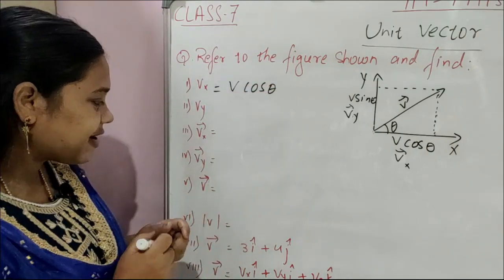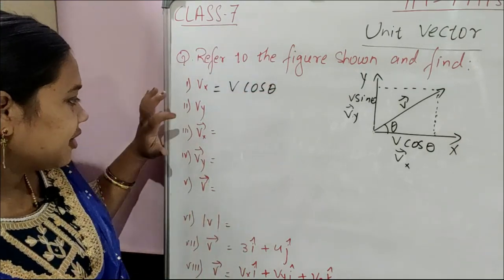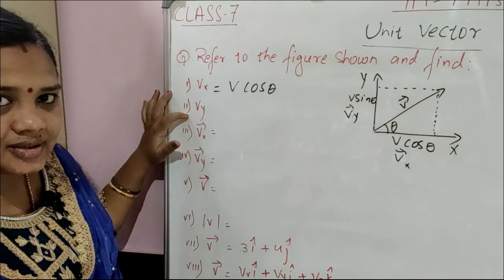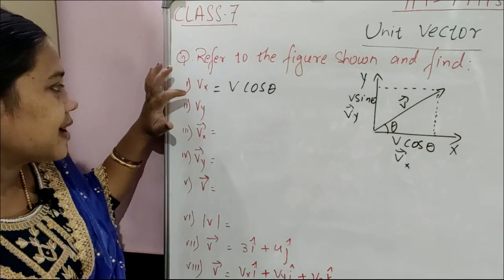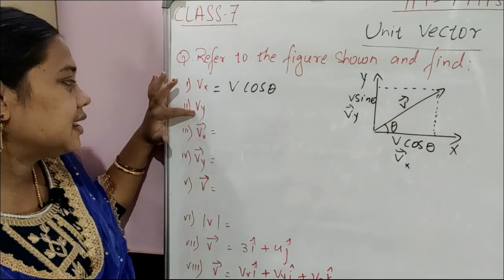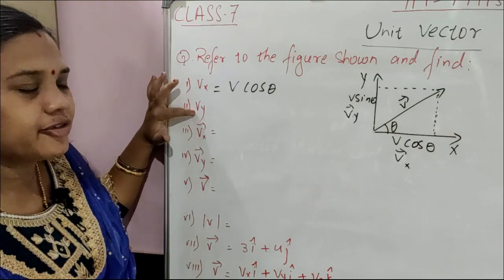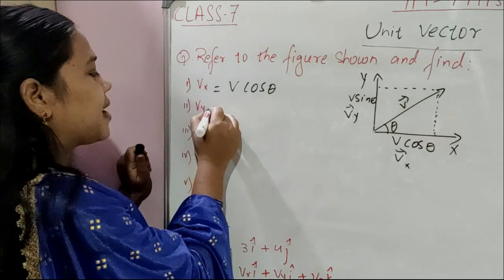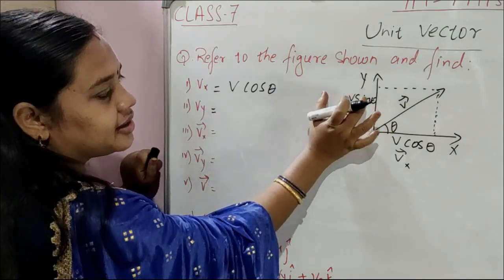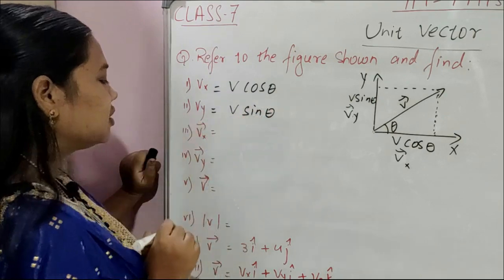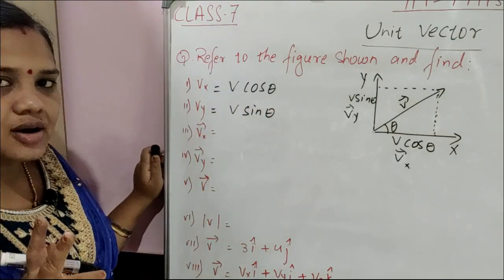You already know if an arrowhead is there, that is a vector. Here arrowhead is not there, so it's not a vector. So what is this? Magnitude of vector Vy. What is the magnitude of vector Vy? V sin theta. Clear? Two points we solved already.